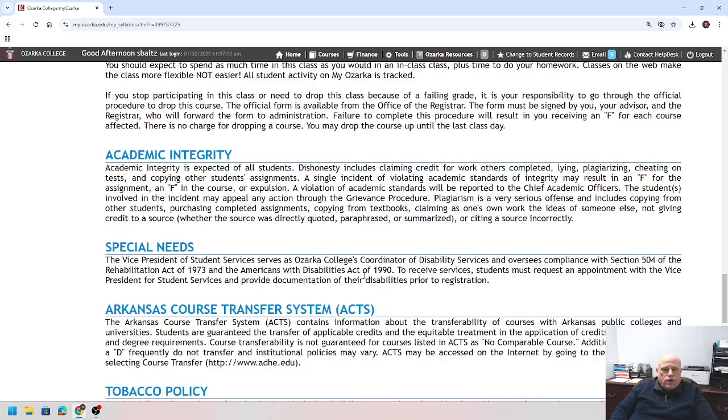Next item on the course syllabus is academic integrity, and I've already talked about this a little bit when I talked about the assignments and the discussions, but the main point here is that we want to make sure that we keep the integrity of our classes, that we're not using other people's work as our own.